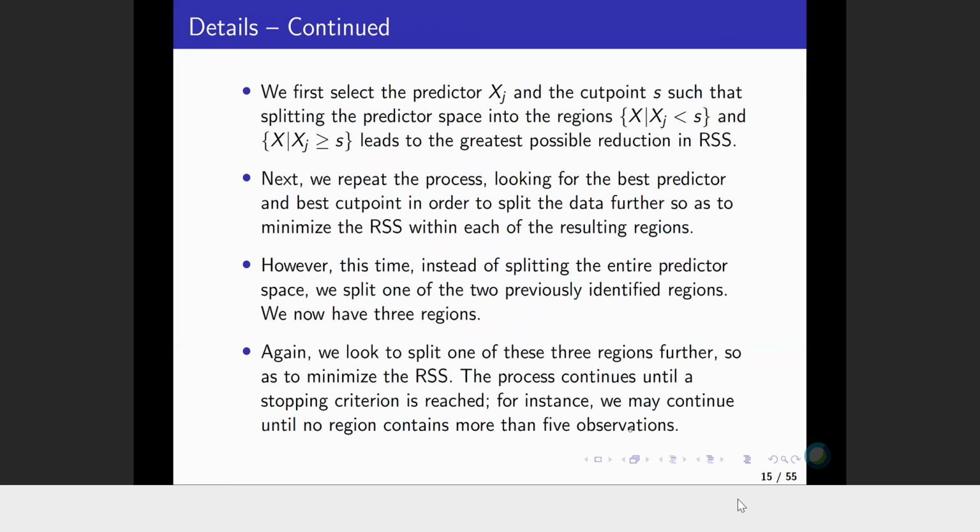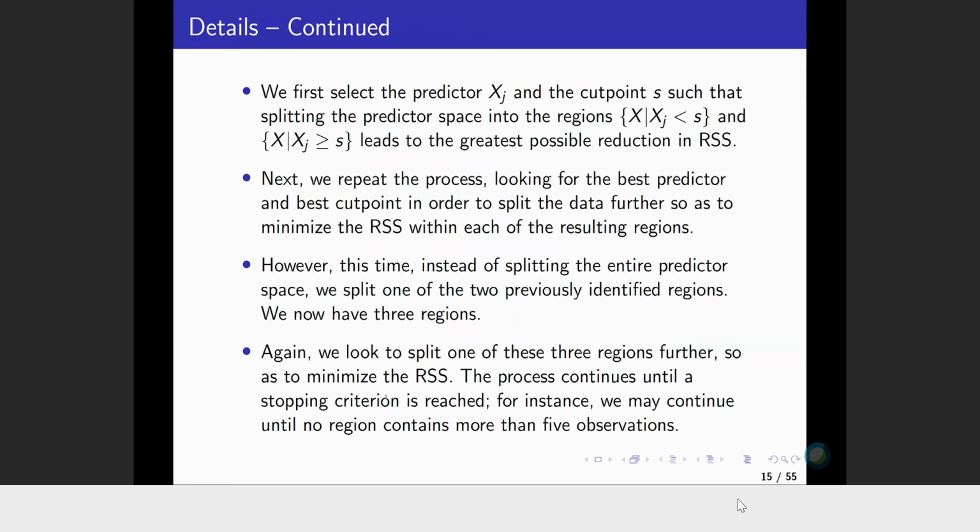Then we split one of the previously identified regions. Right now we have three regions. Again we will look to split one of these three regions further, so as to minimize the residual sum of squares. This process can continue until a stopping criterion is reached.